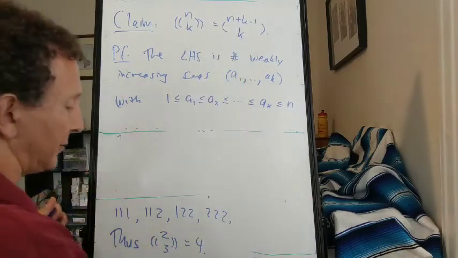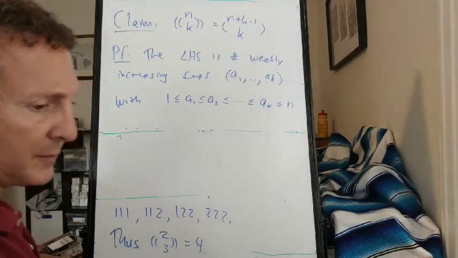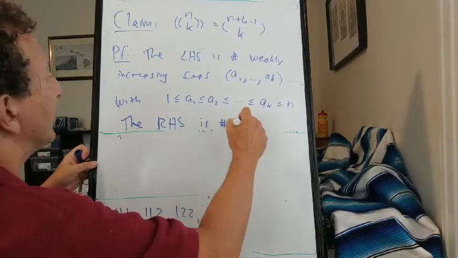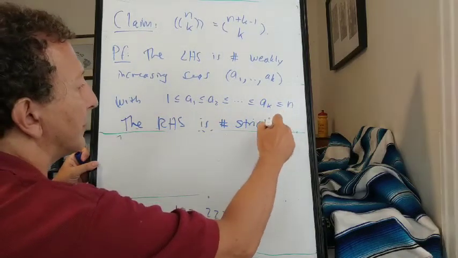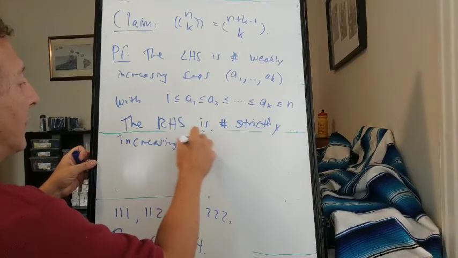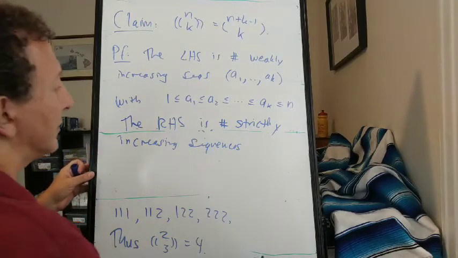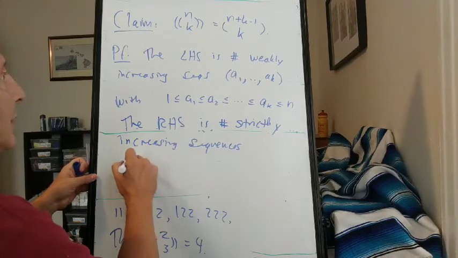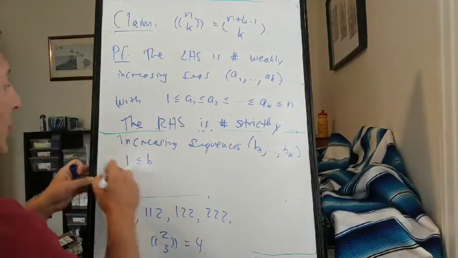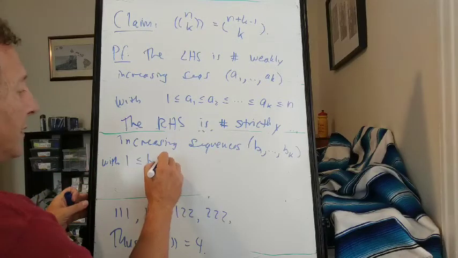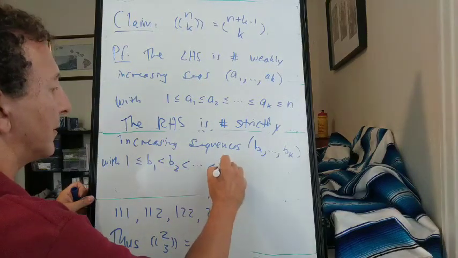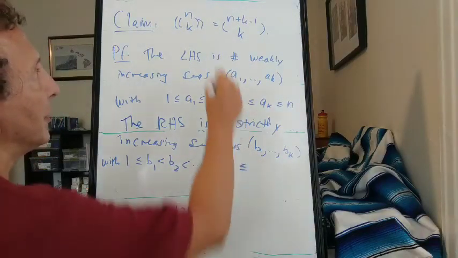I want to interpret the right-hand side in terms of sequences too. So the right-hand side is the number of strictly increasing sequences, let's say B1 through BK, with B1 at least 1, B2 greater than B1 because it's strictly increasing, and BK at most n plus k minus 1.